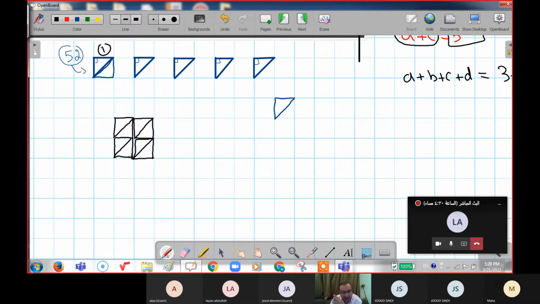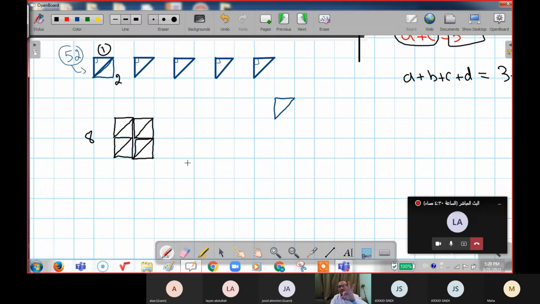How many triangles? 8. So here I use 2 squares, here I use 4 squares and 8 triangles. This shape, I can say, is a square.